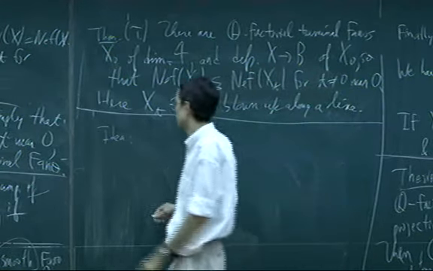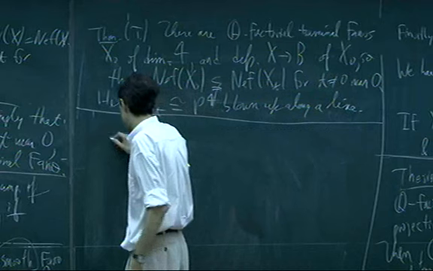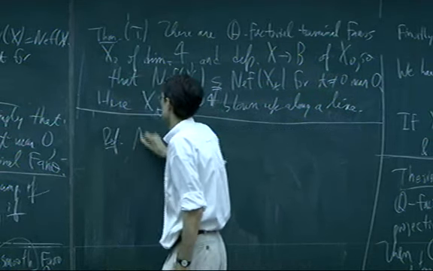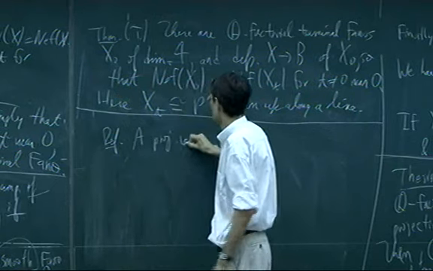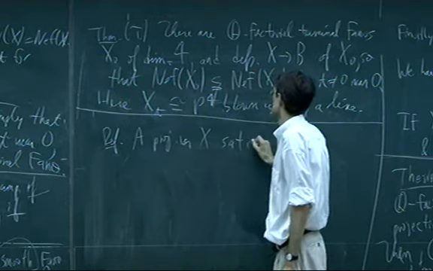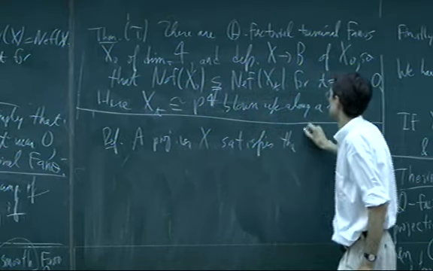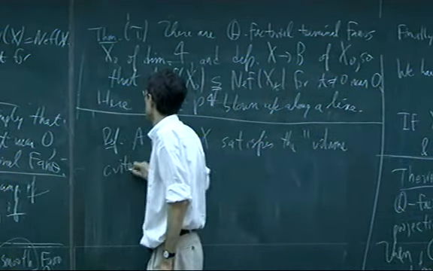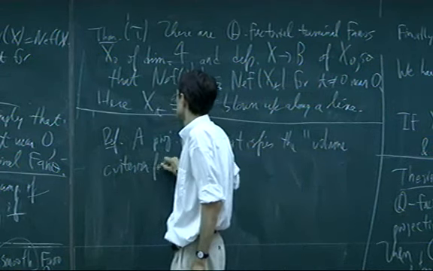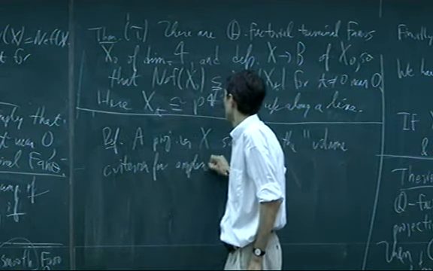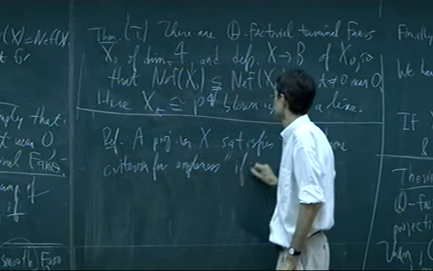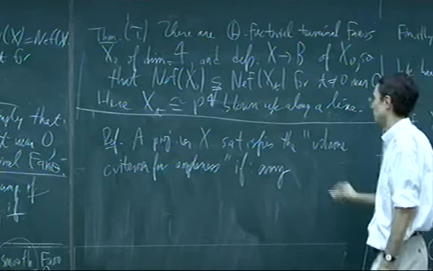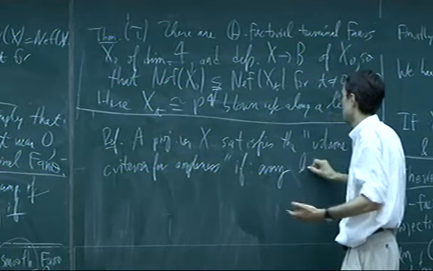So let me say a word about this. Let's say that a projective variety X satisfies the volume criterion for ampleness if every line bundle that looks like it's ample in a certain way actually is ample.